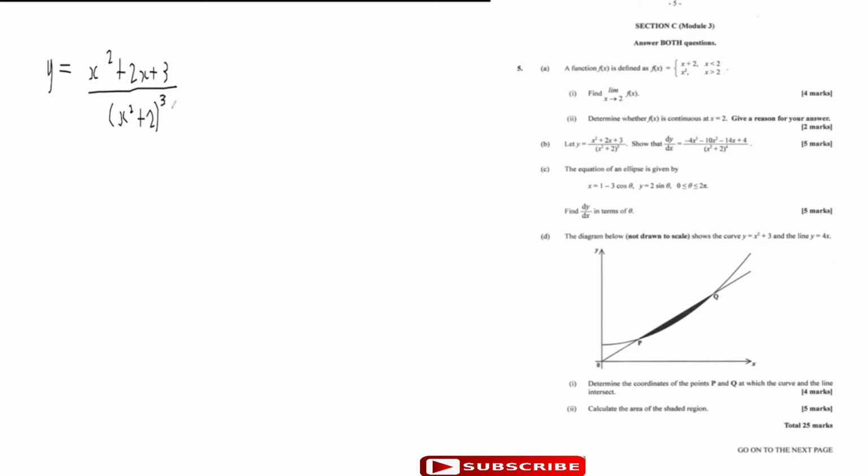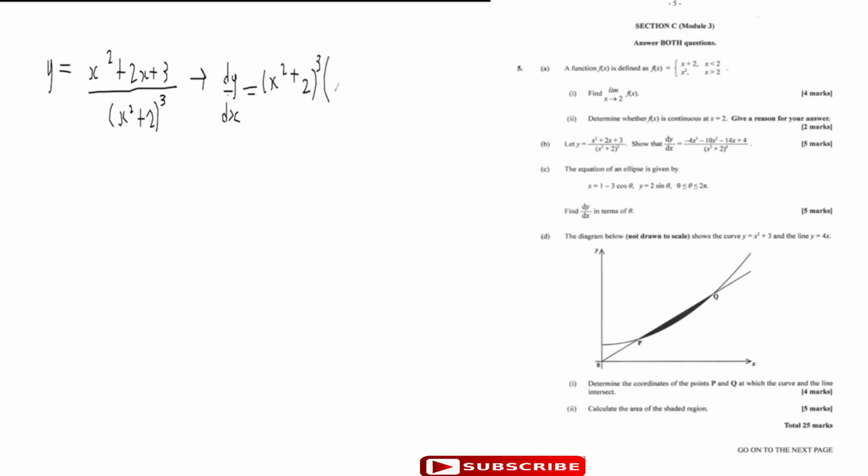So now to do this, we're going to be differentiating. So dy by dx is going to be equal to, when you're differentiating, you start with the bottom. So you get x squared plus 2 all cubed, times the differential of the top.